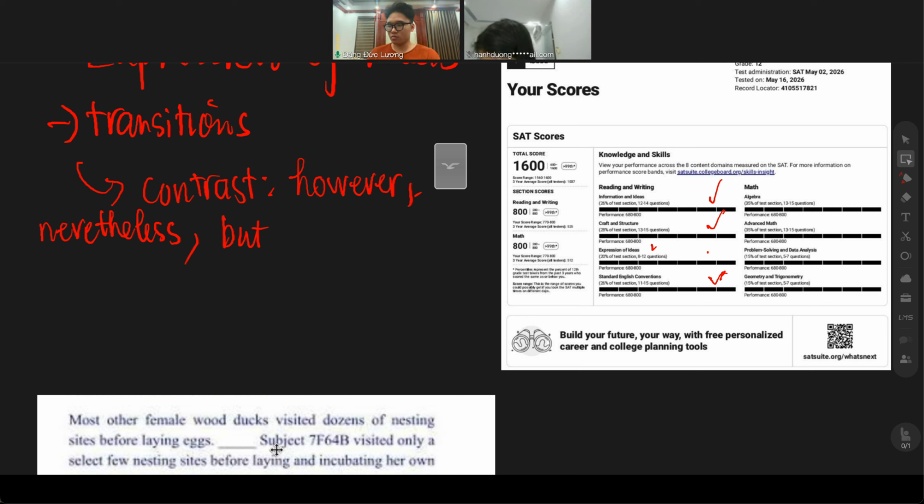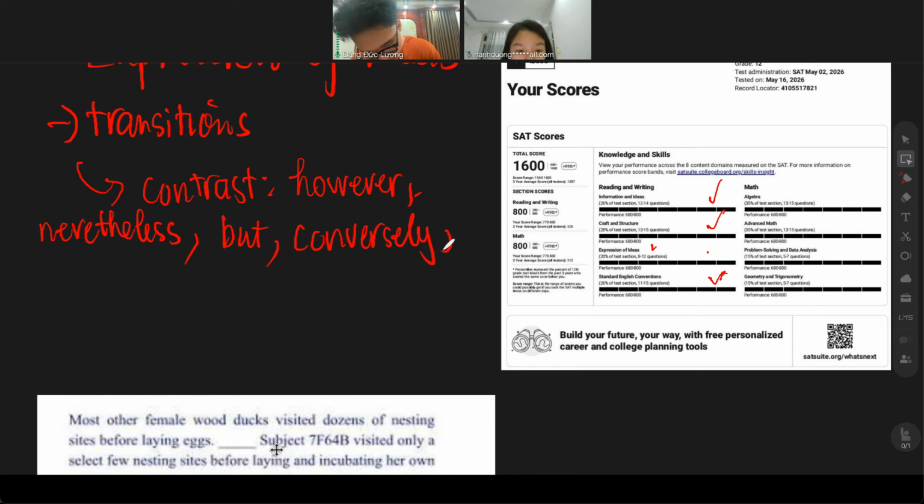Wait, I need to check it. Yes, but is a coordinating conjunction. Alright, so you can put but here, and conversely, and by contrast, right?